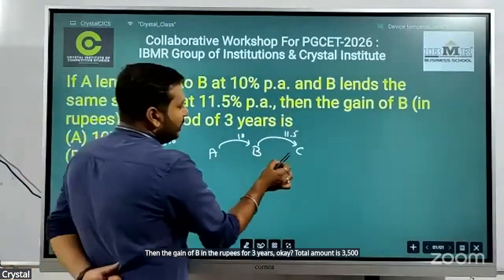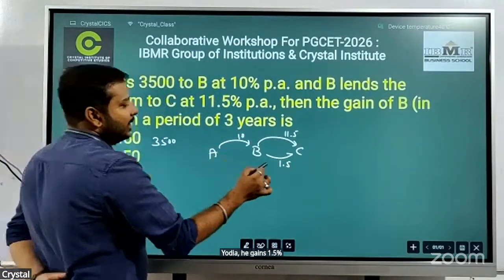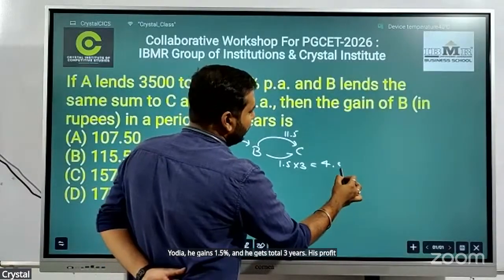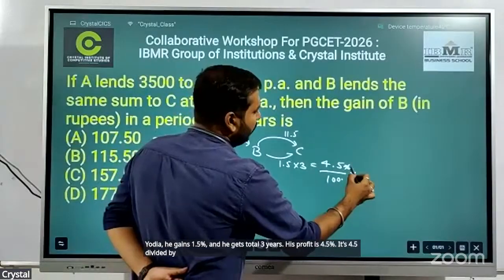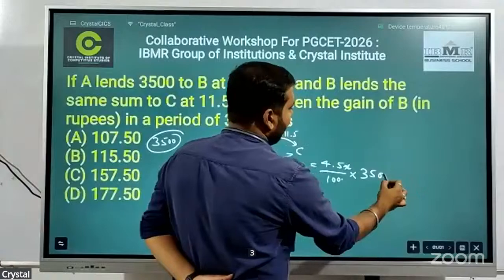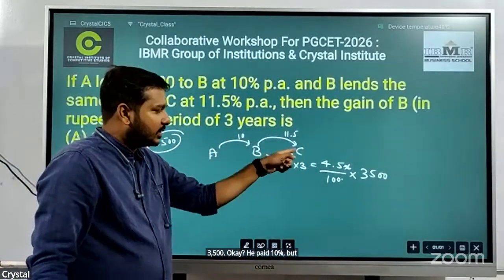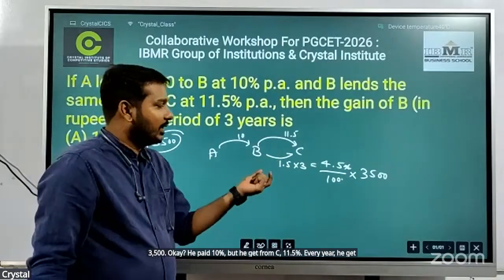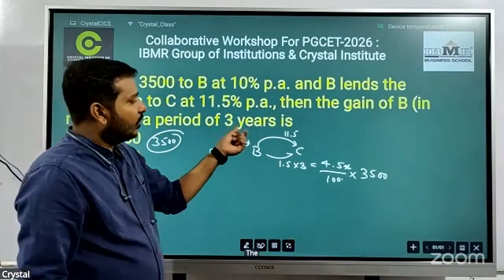3,500. Every year he gains 1.5% and he gets it for 3 years. His profit is 4.5%, means 4.5 divided by 100 into total amount 3,500. Okay. He paid 10%, but he gets from C 11.5%. Every year he gets 1.5% profit. The process is happening for 3 years.